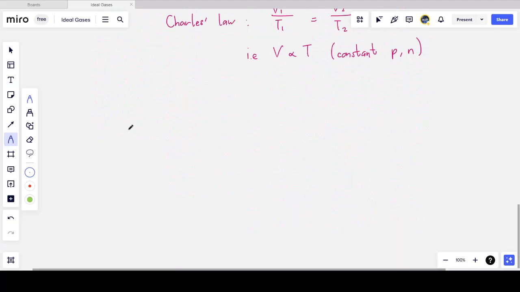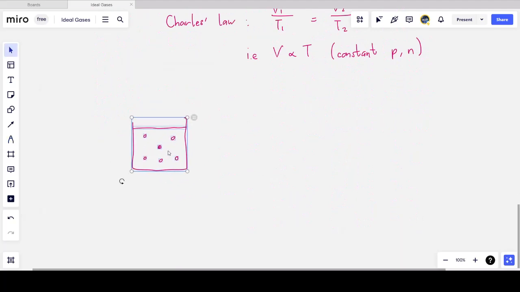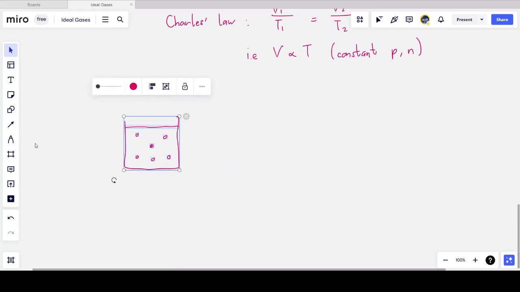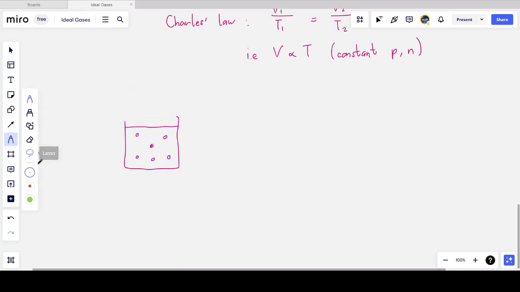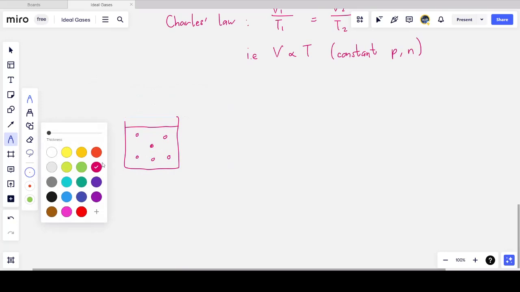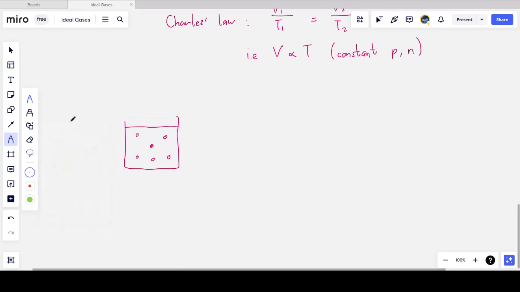And then for the last of the gas laws, and again, you need to spend time reading this to make sure that you actually do understand. I have a gas, an ideal gas, where the temperature is T1, the pressure is P1, and you can see where this is going.